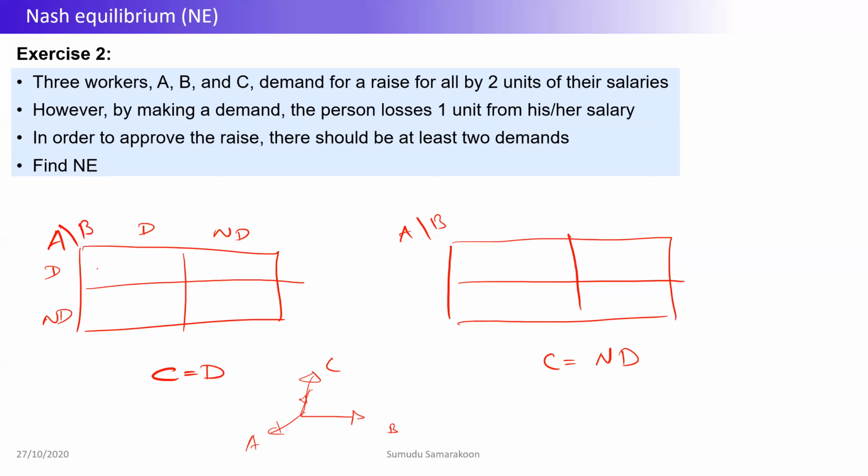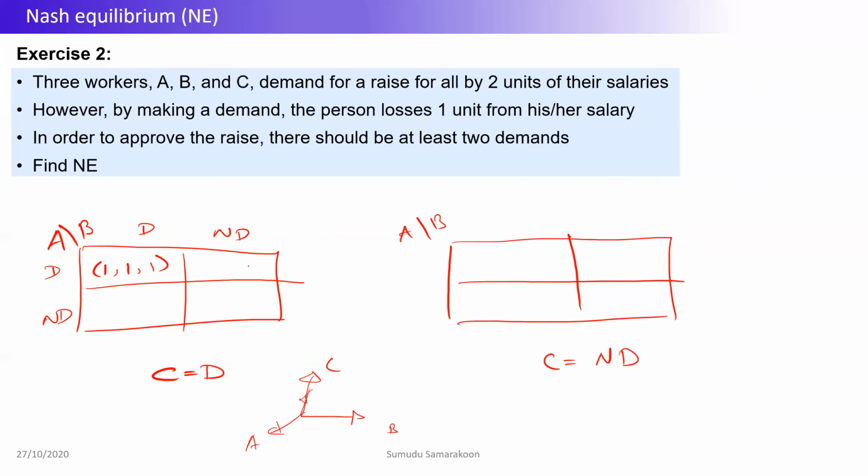So now, here two of them are demanding, A and B, so they only get a raise of 1 because of the demand. They are going to lose. And C is also demanding, so he's only getting this.